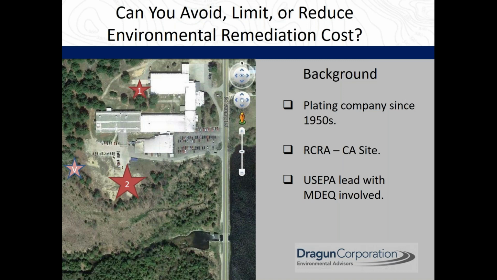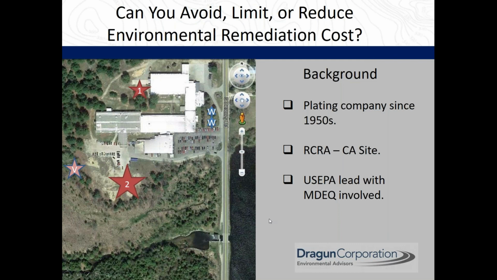And complicating things was the slightly purplish star off to the left of this slide, and that was a former village dump, and the fill area of number 2 and the village dump kind of crossed over and overlapped each other. So that complicated things a little bit with respect to that concern.